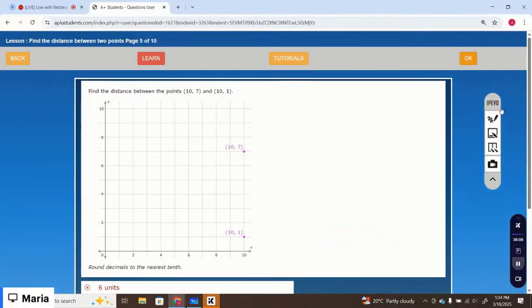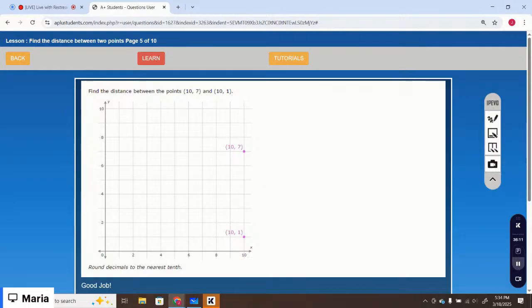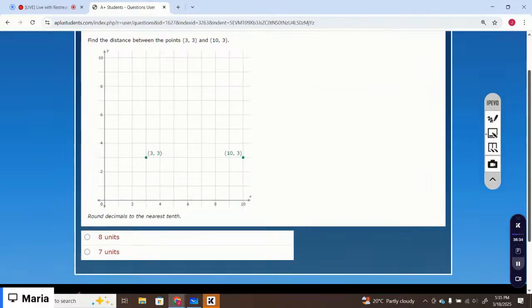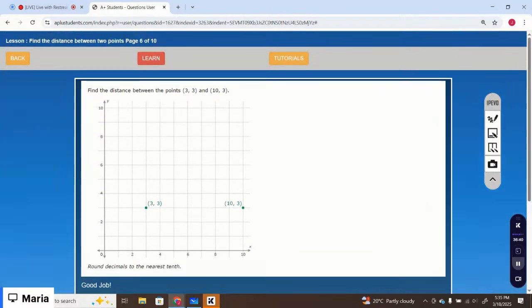Option number one is the correct option. Find the distance between the points 3, 3 and 10, 3. So which is the correct option? That is 7 units. Option number two is the correct option.